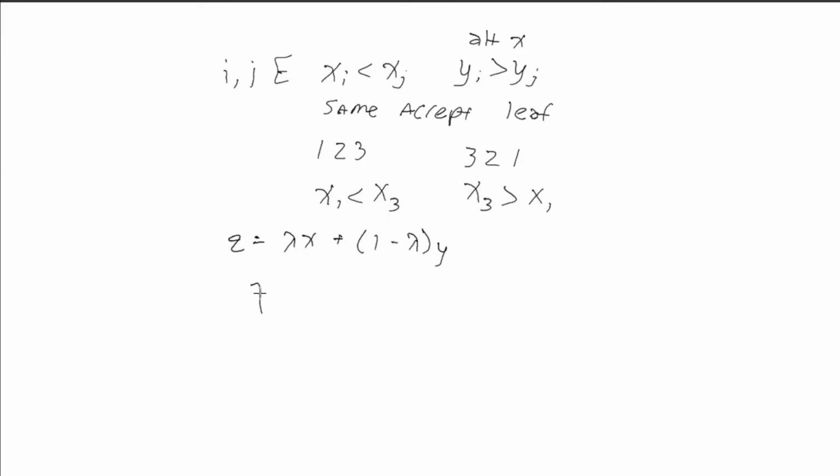So we would have lambda xi plus 1 minus lambda yi equals lambda xj plus 1 minus lambda yj.